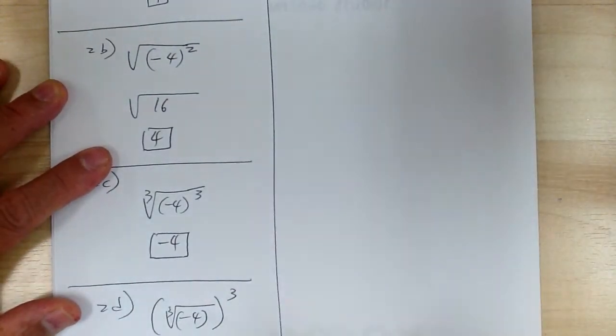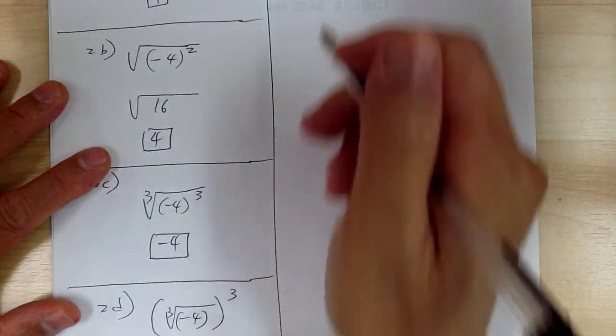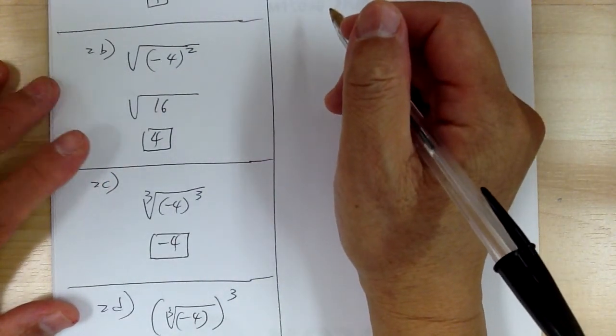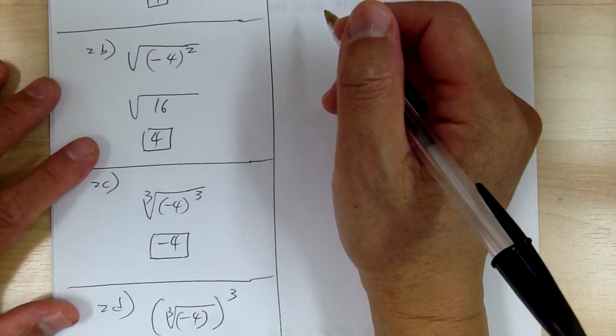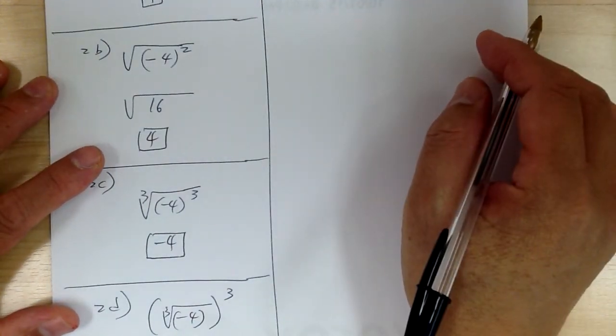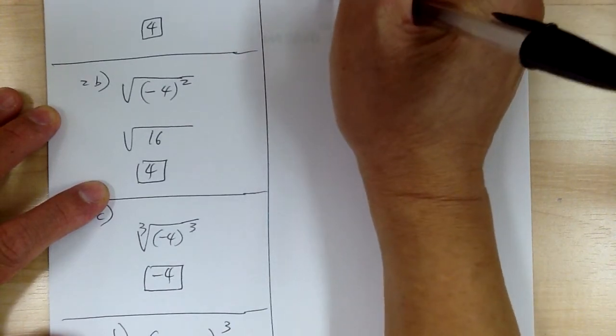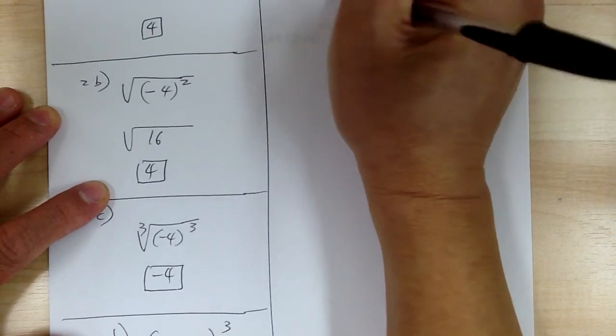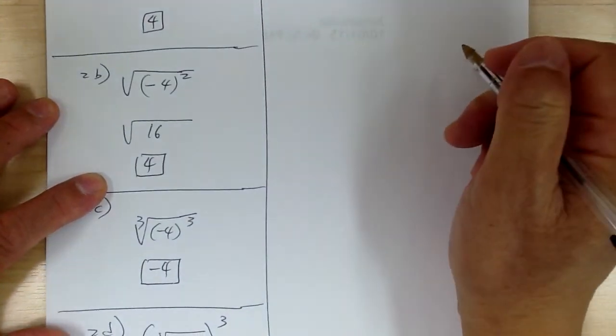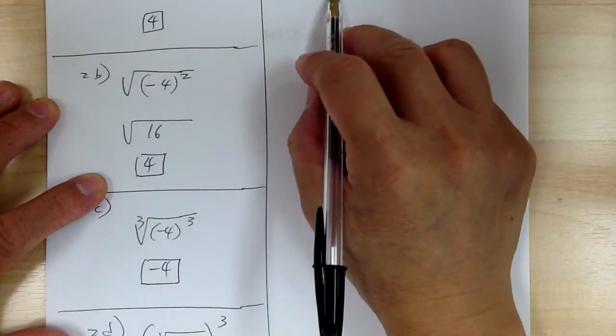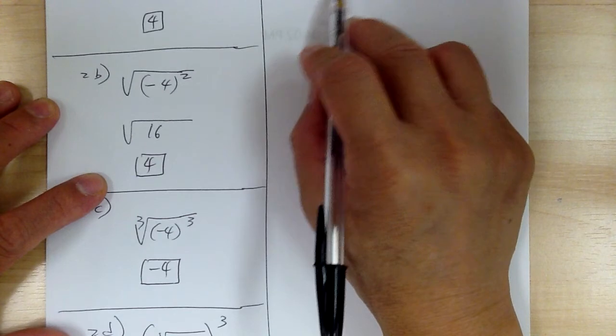Now there are a couple more things you have to be aware of. When you have higher root, let's say if you have like a square root of y squared. Remember what I said, right?